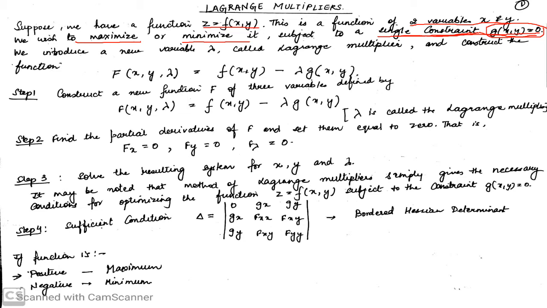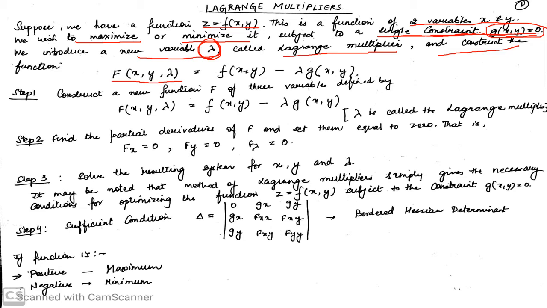So we introduce a new variable, that is lambda. This lambda is known as the Lagrange multiplier. When we introduce this lambda, we construct a new function. This function will be a function of three variables, x, y, and lambda.